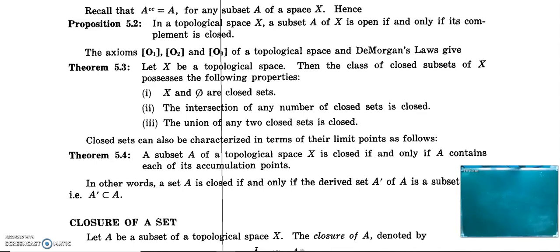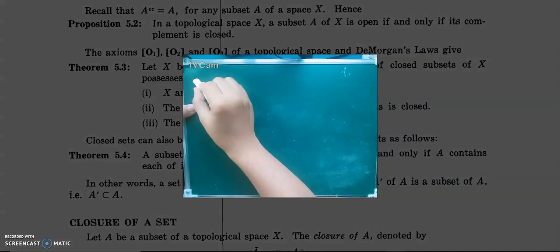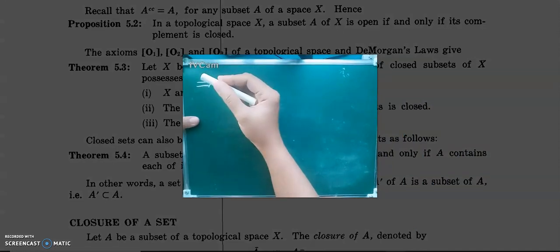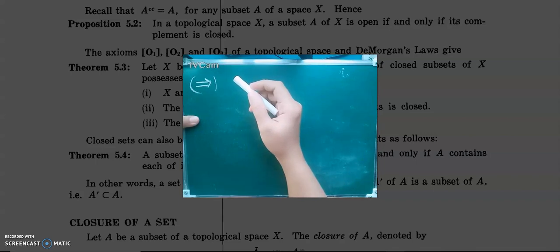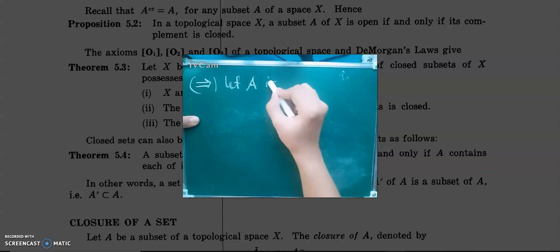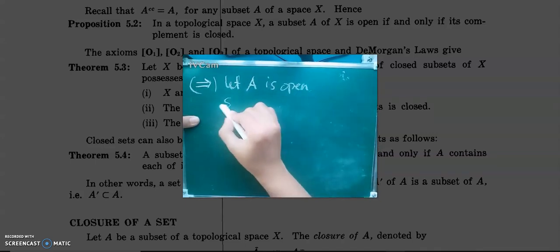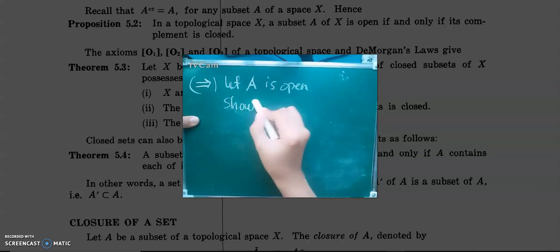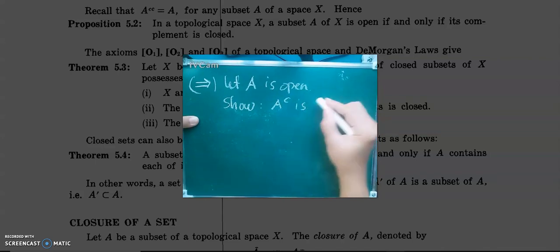We have two ways here because we have if and only if. So, first, we will assume that A is open, and then we're going to show that the complement of A is closed.